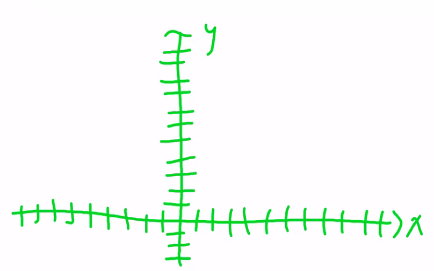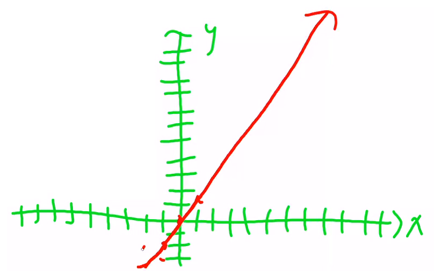So our first one, -1, -2 is down here. And then we have the point 0, 0, and the point 1, 2. So this one is a line.